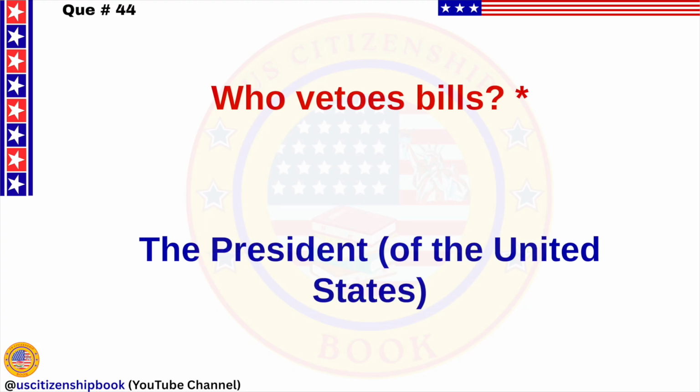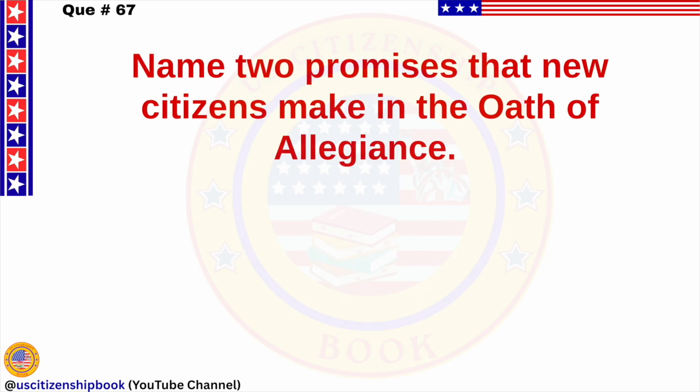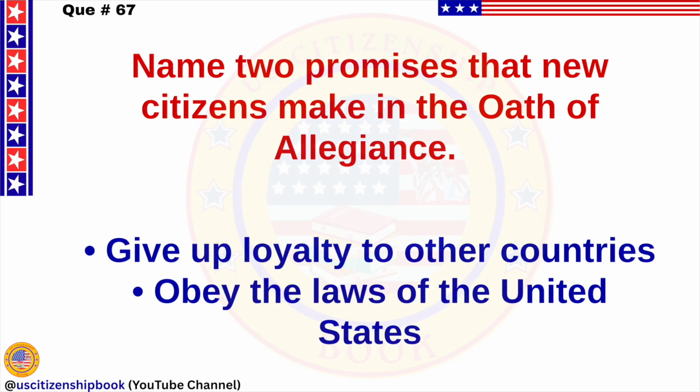The President of the United States. Name 2 promises that new citizens make in the oath of allegiance. Give up loyalty to other countries. Obey the laws of the United States.